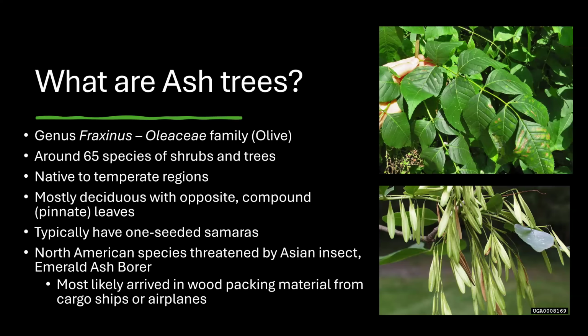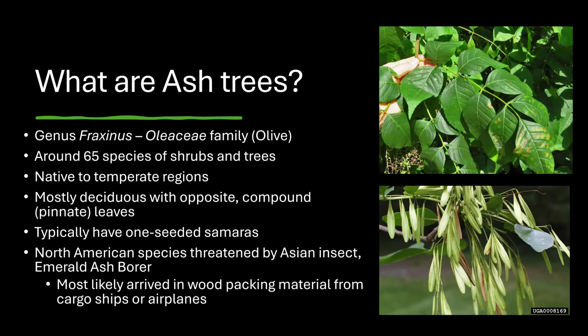Now, one of our more common characteristics is that most of our ash trees have an opposite leaf arrangement, and they have compound leaves, specifically compound pinnate leaves, where you have those leaflets.